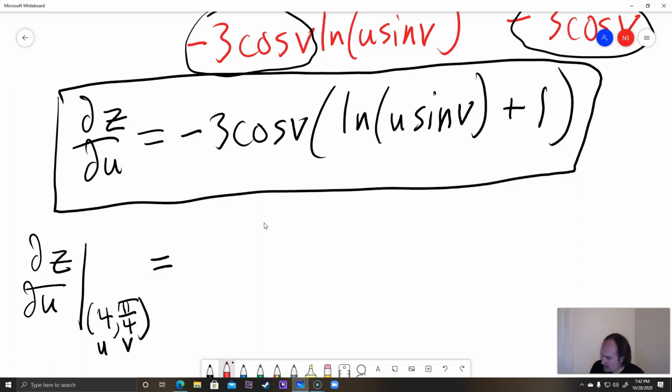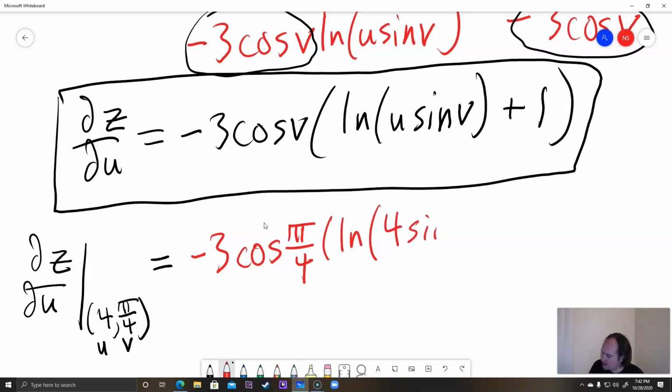So we're going to have negative 3 times cosine of v. So that's going to be negative 3 times cosine of pi over 4 times ln of u sine of v. So that's going to be ln of 4 times sine of pi over 4, plus 1.